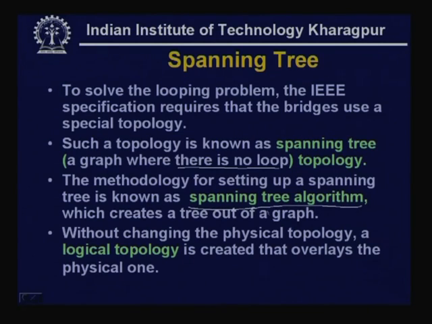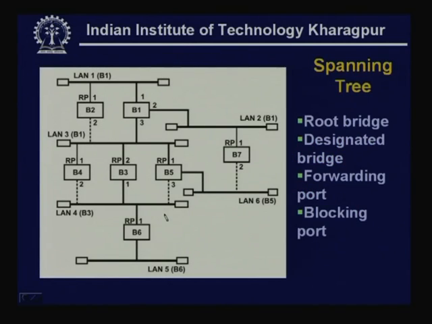There exist standard, efficient algorithms for creating a spanning tree of a graph, and we can use them for transparent bridges without changing the physical topology. So some kind of logical topology is created that overlays the physical one. Let us see how exactly it is being done here.